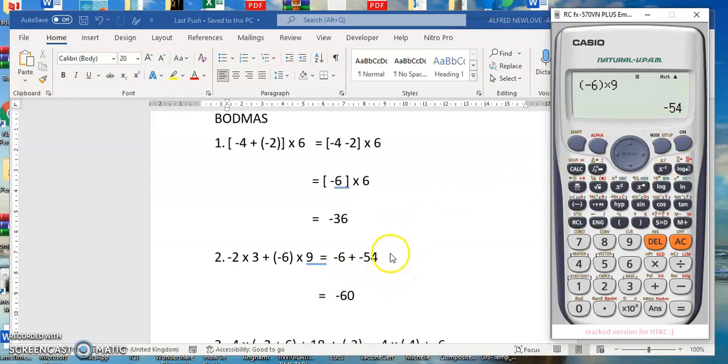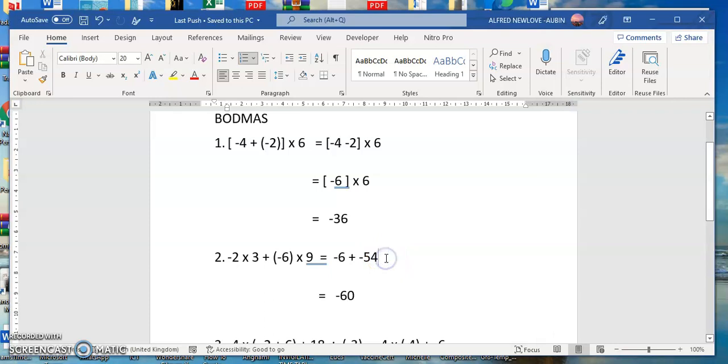Okay, so this side, let me add one step here. This side, we have our -6. Anytime you have plus minus, it's going to give us minus.